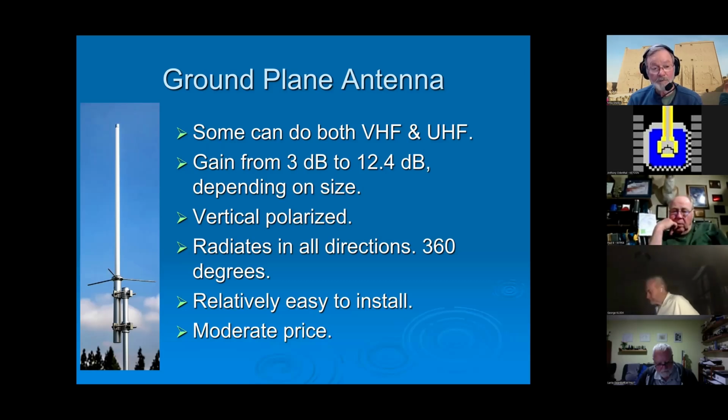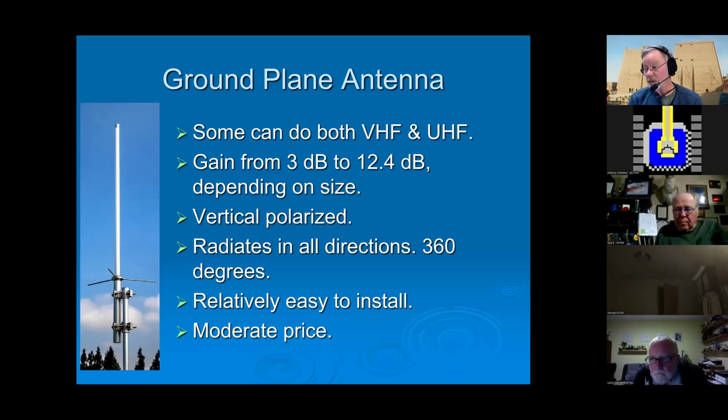You can see that mast, or the driven element there, is pointing vertically. It radiates in 360 degrees, so you don't have to worry about turning or twisting it. Just stick it up there and you'll receive whatever comes in at it all the way around in a big wide circle. They're relatively easy to install, and generally speaking, fairly modest price-wise.